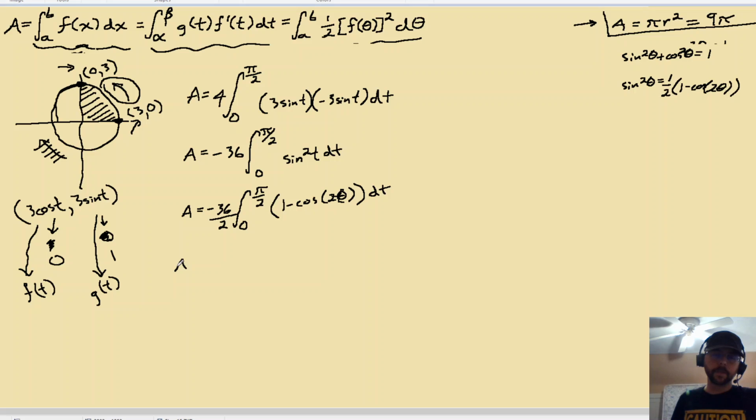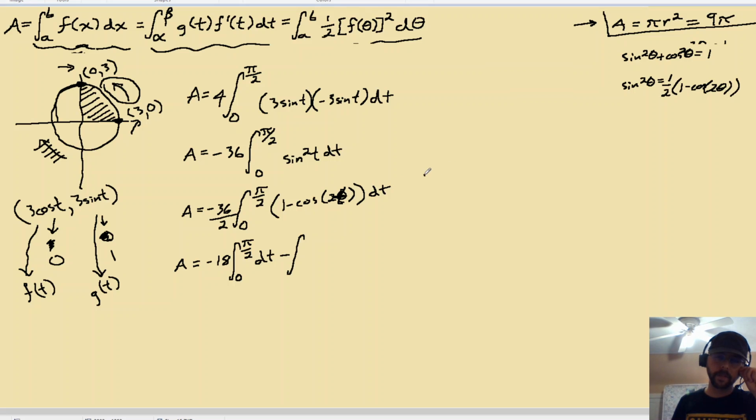A equals negative 18 times the integral from 0 to pi over 2 of dt minus the integral from 0 to pi over 2 cosine of 2t, that's supposed to be a t, dt, but I'm going to go ahead and do u substitution right now.